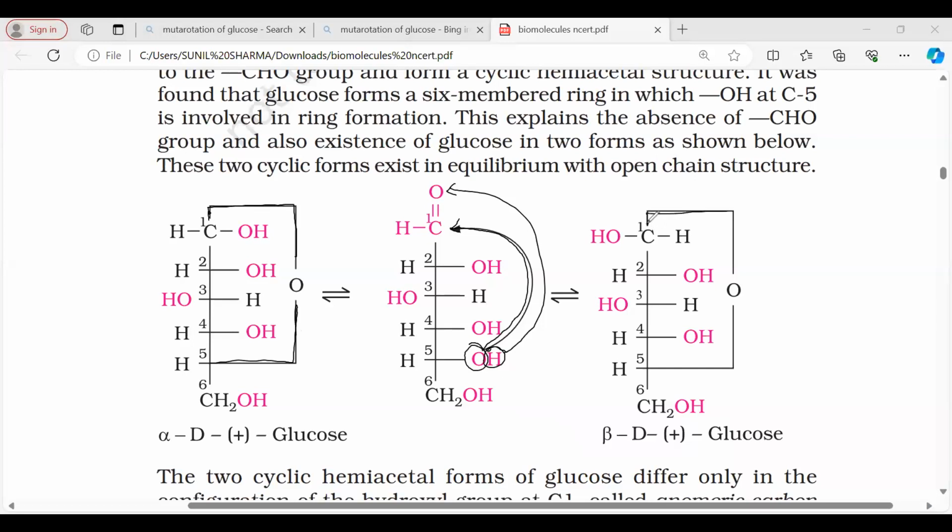On the right side, the first and the fifth carbon are joined to each other. So these are the beta form and the alpha form. These are the cyclic structures and in the center is the open chain structure. Clear? Yes, sir.